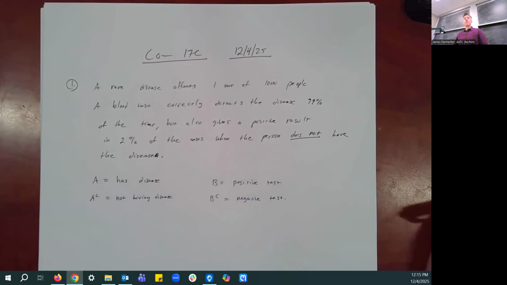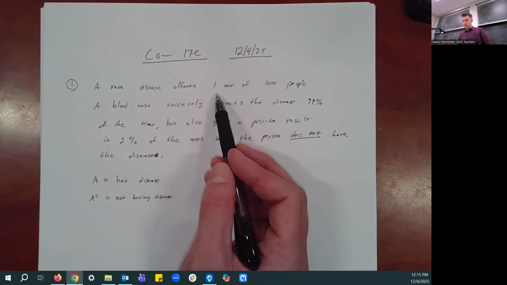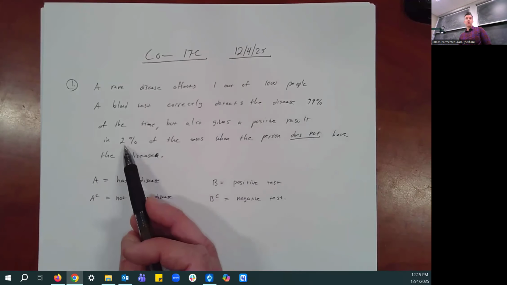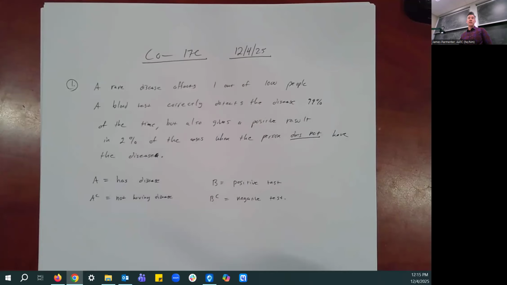There are three numbers on this question so far: 1 out of 1,000 or 0.001, 99% or 0.99, and 2% or 0.02. You should be able to write down what probability each of those numbers corresponds to, whether it's a straight probability or a conditional probability.